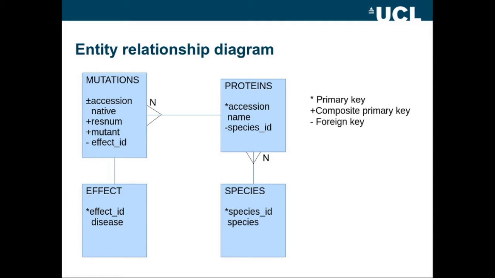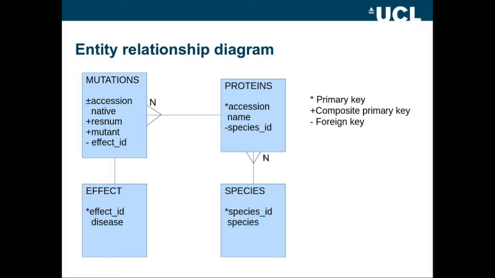Now, this is very simple. All it is the 4 tables that we have: species, proteins, mutations and effects. And within each of these boxes we then put the names of the columns in the table.